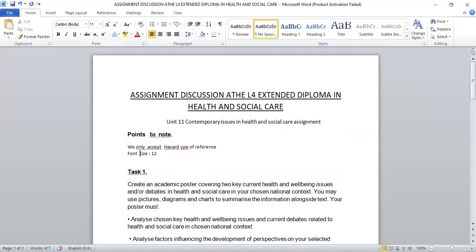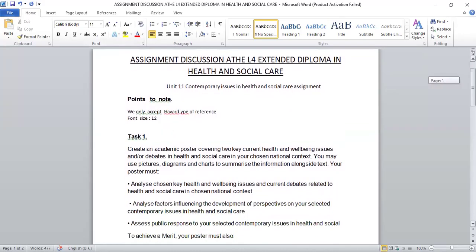That'll be better for you. You can do formatting if you want, but there should be border lines, and you can use bullet points if you want, so you make it more appealing and more attractive.